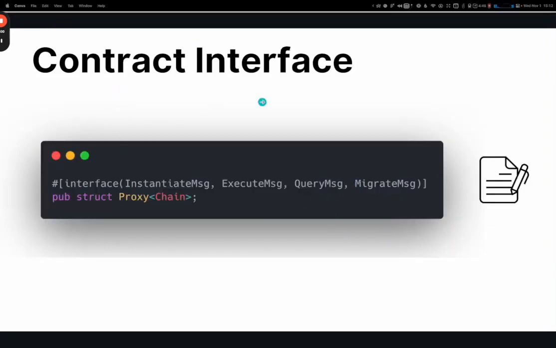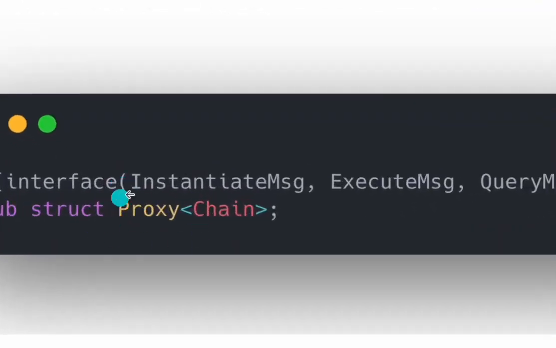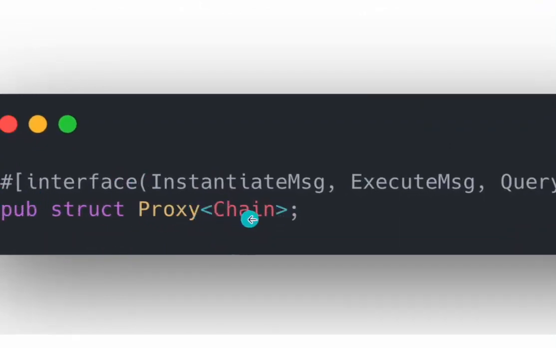So I'm going to get a little bit more technical here, and go over some of the details behind how this works. So at the very base of using CW-Orchestrator, you have one struct that represents your contract. In this instance, we have a struct called proxy, and then a generic argument called chain.